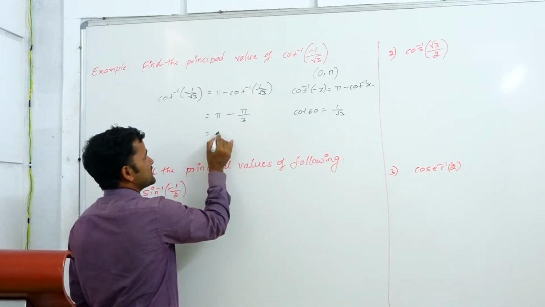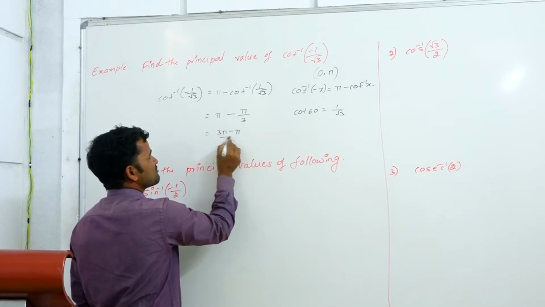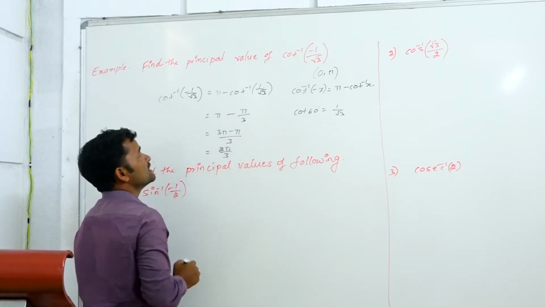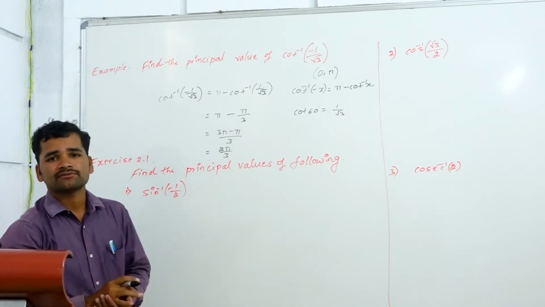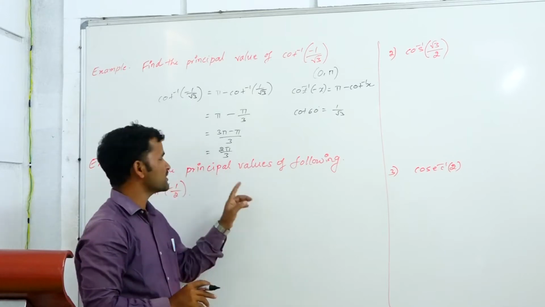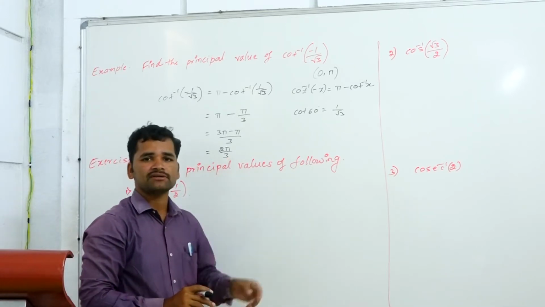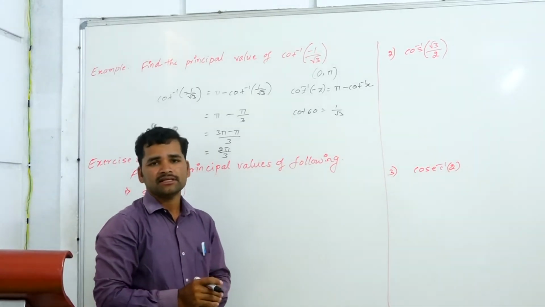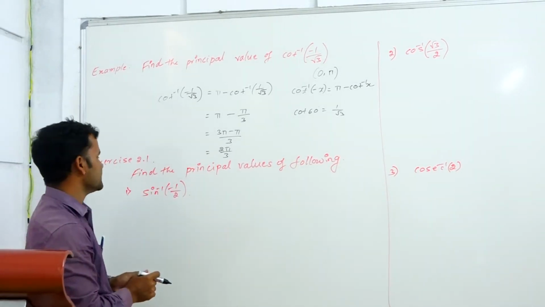So, cross multiplying, 3 pi minus pi by 3 is 2 pi by 3. So the principal value of cot inverse of minus 1 by root 3 is 2 pi by 3, that is 2 into 60 degrees, 120 degrees. Yes, it is within the defined interval 0 to 180 degrees.